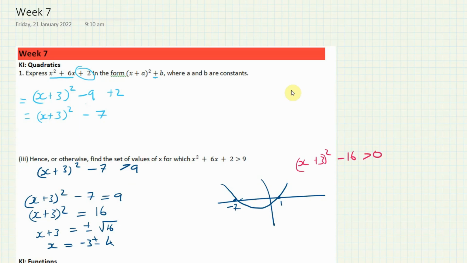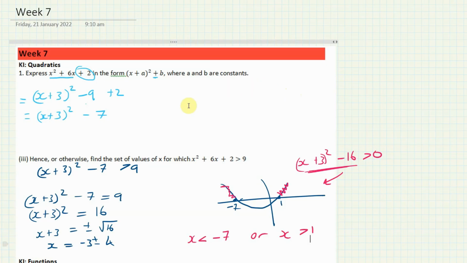Okay, so what I'm plotting here is this. Okay, now where is it greater than 0? Well, here and here. So my final answer will be x is less than minus 7 or x is greater than 1. And we're done with the quadratics questions.